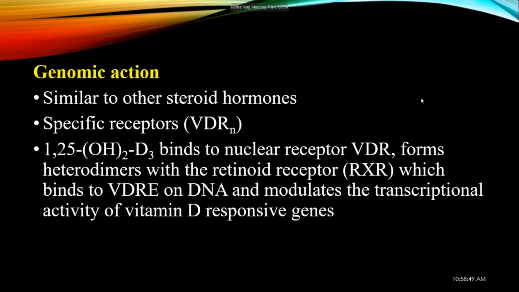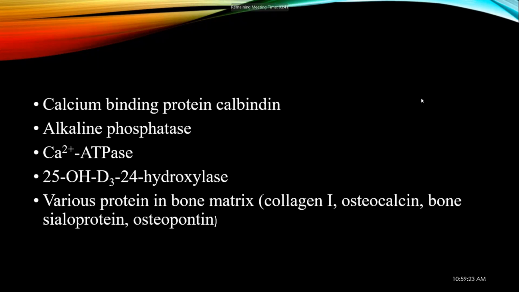And after binding on the DNA, they are able to modulate the transcriptional activity of vitamin D responsive genes. Generally vitamin D stimulates the transcription of the calcium binding protein called calbindin. It stimulates the transcription of the alkaline phosphatase gene and the calcium ATPase gene.